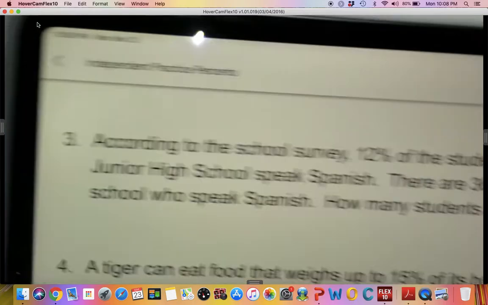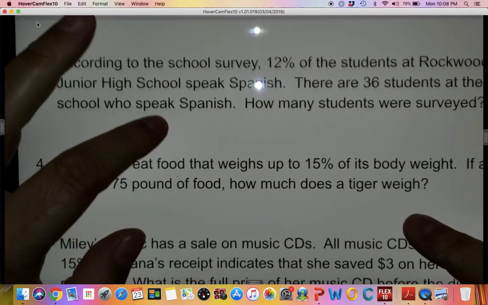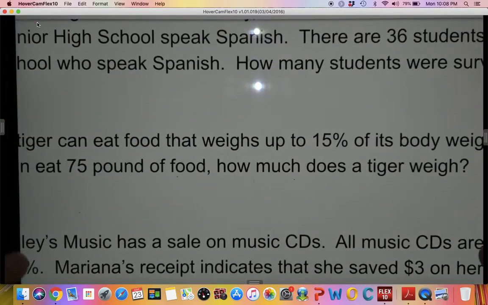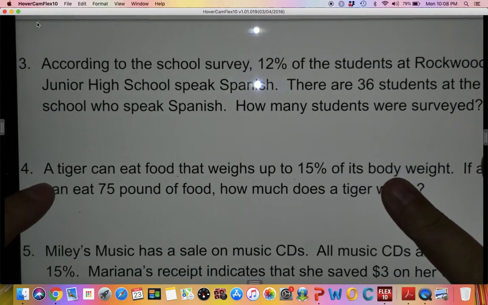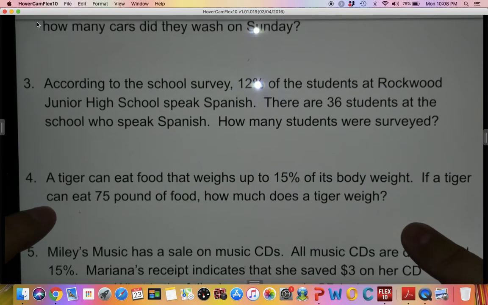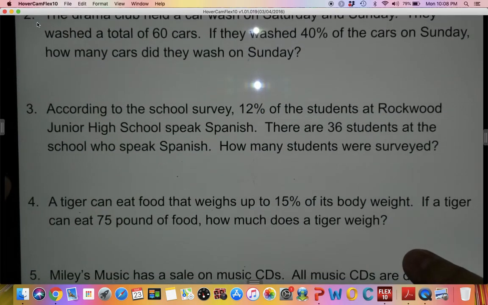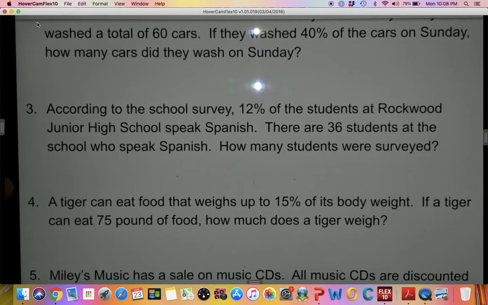Number 4. A tiger can eat food that weighs up to 15% of its body weight.